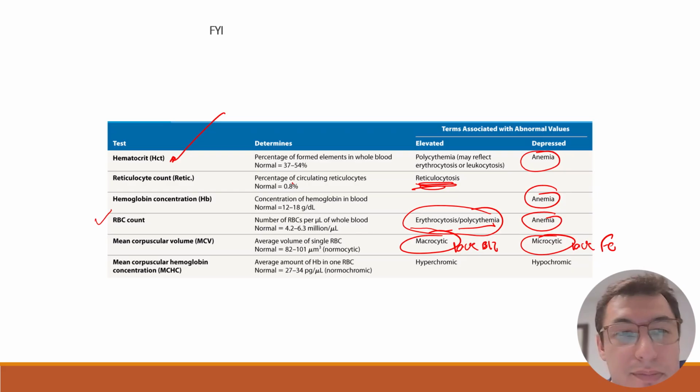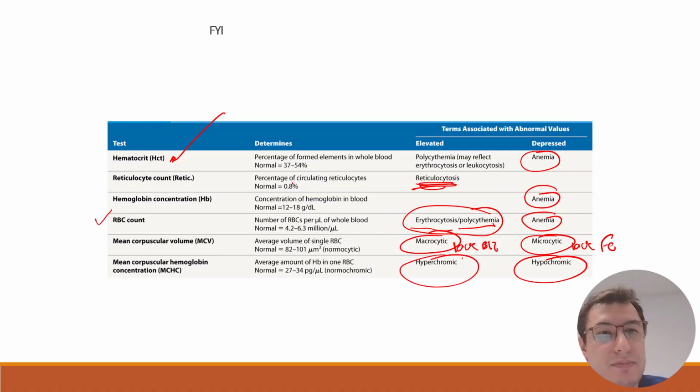Mean corpuscular hemoglobin concentration talks about whether or not there is enough hemoglobin within the red blood cell. If there isn't enough hemoglobin, it won't be as red. If there is a lot of hemoglobin, it will be hyperchromic.